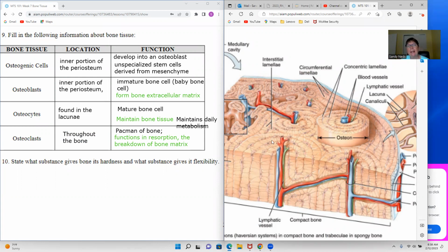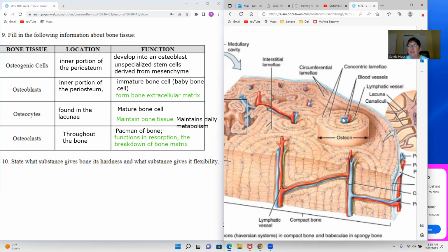And when we look at it underneath the microscope, we see these round rings of cells. And this whole set of rings, there are several, here's another set, here's another set, is called an osteon, the functional unit of compact bone.